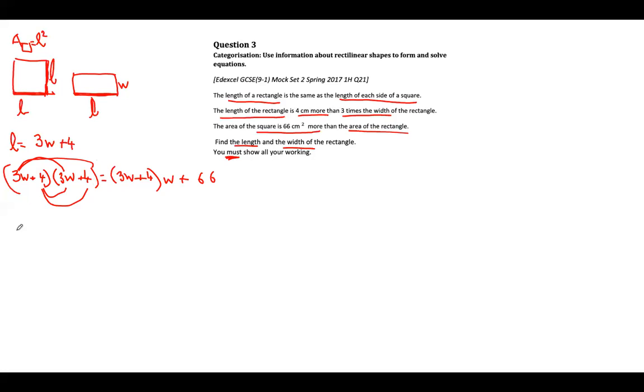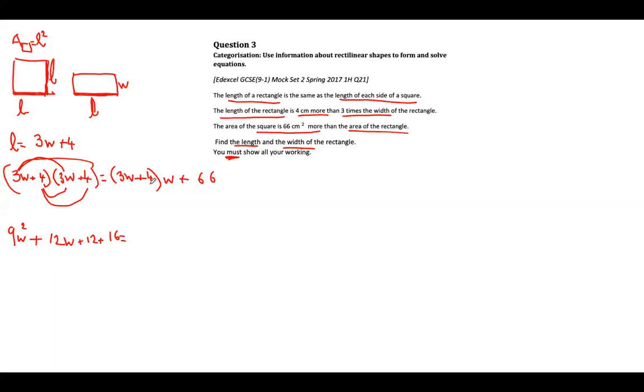So 3W times 3W becomes 9W to the power of 2, plus 3W times 4 is plus 12W. Plus 4 times 3W is again 12W, and 4 times 4 is plus 16.